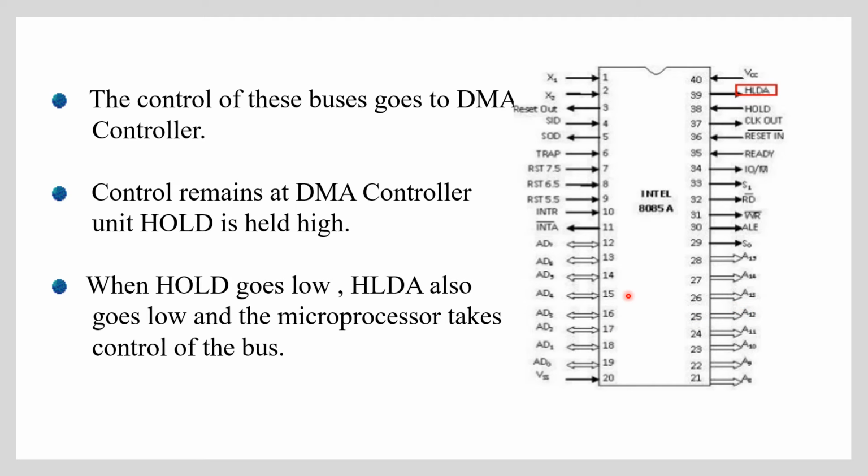So whenever there is a data transfer from input output to memory, instead of using the microprocessor, the direct memory access controller does the transfer, but it requires the service of the buses. These pins are used for that purpose.